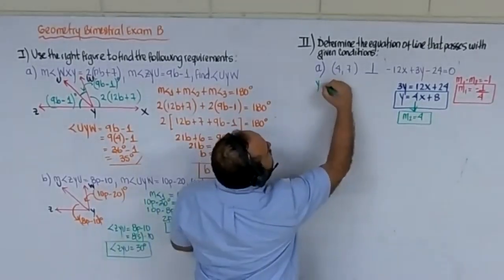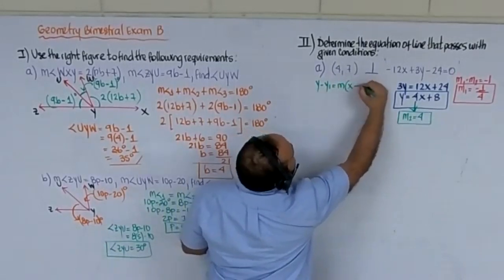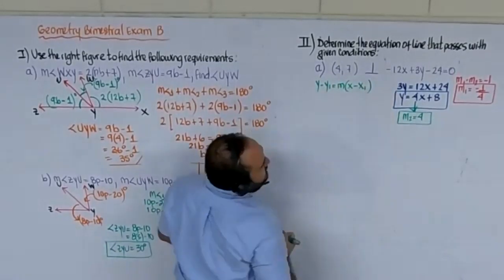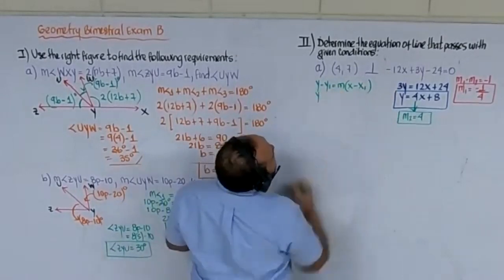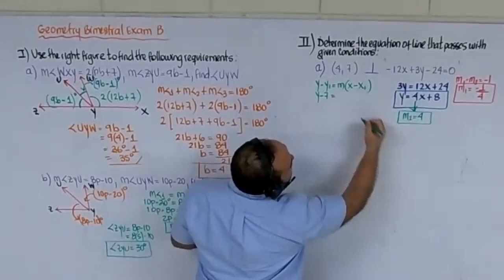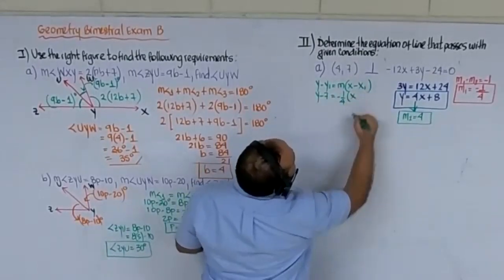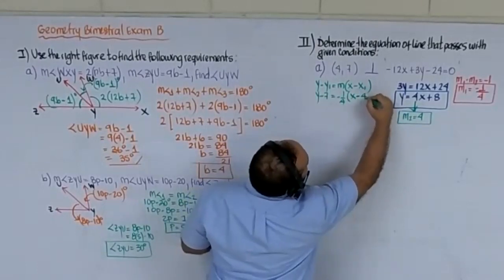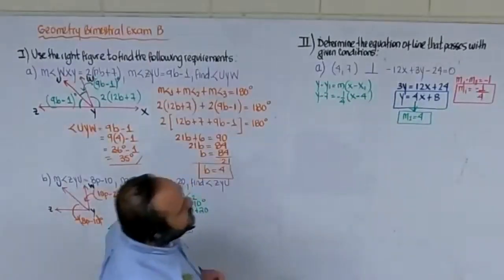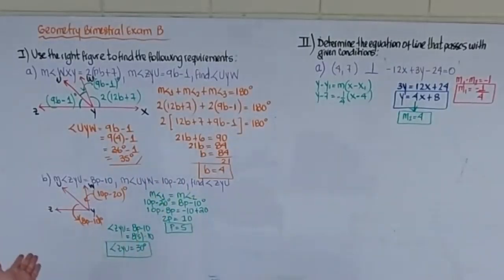That is, y minus y1 equals m times (x minus x1), and we can replace those values: y minus 7 equals negative 1/4 times (x minus 4). In this equation we can solve for y.